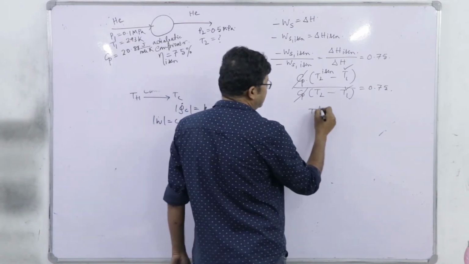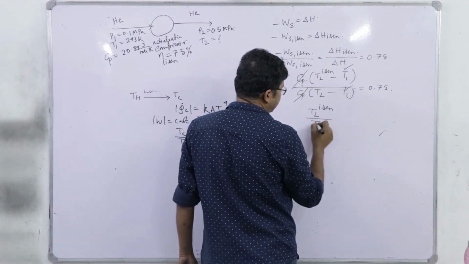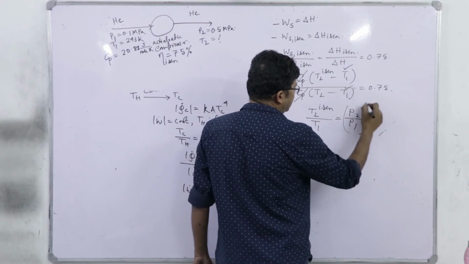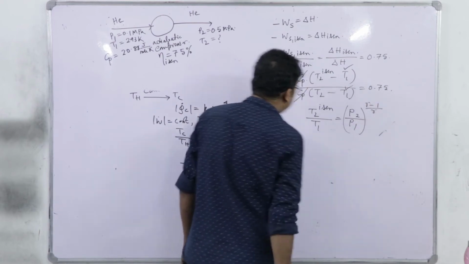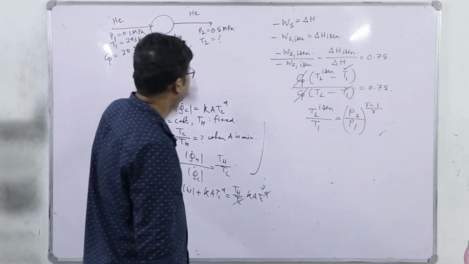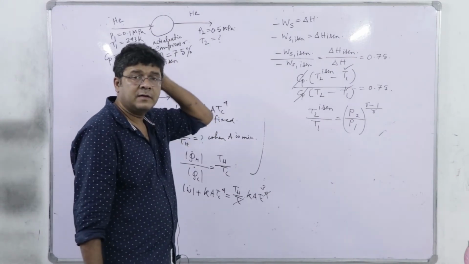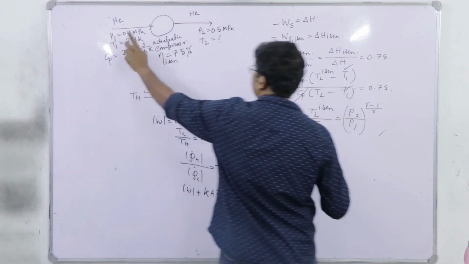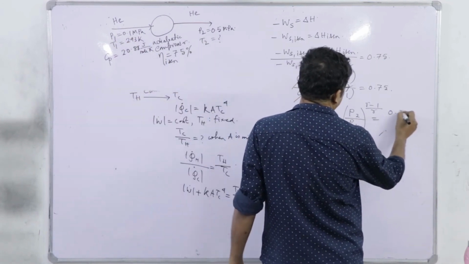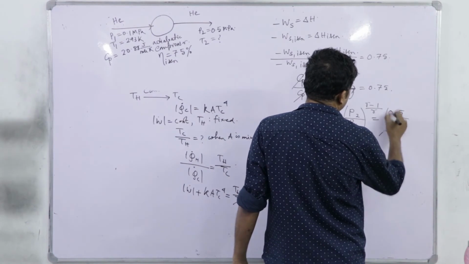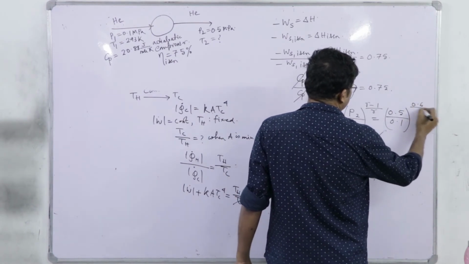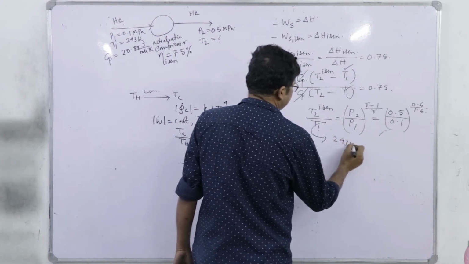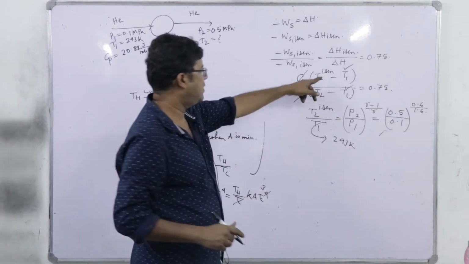And basically T2 Isen, as you all know, the T2 Isen divided by T1 equal to P2 by P1 to the power gamma minus 1 by gamma. Right. And helium is a monoatomic gas for which gamma is equal to 1.6 and P2 0.5, P1 0.1. So, 0.5 divided by 0.1 to the power 0.6 divided by 1.6, and T1 is 293 Kelvin. So, from there T2 Isen can be calculated.